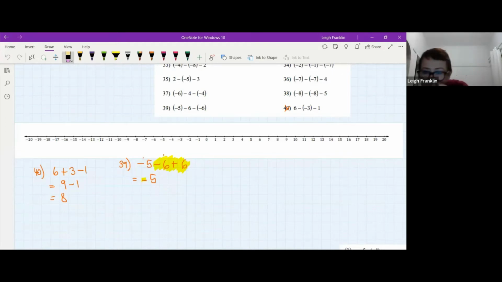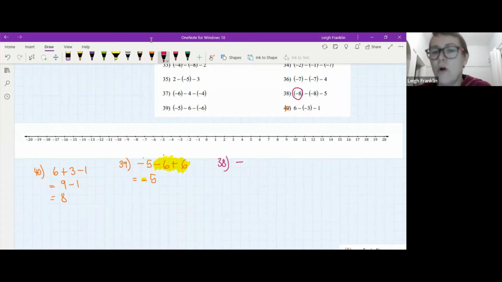All right, let's see who else has got a hand up. Ntiyiso, go for it. Which one are you going to do? Number 38. Awesome. What are we going to write in number 38? You're going to write 8 plus 8 minus 5. Okay, but now this 8 over here, is it positive 8 or negative 8?